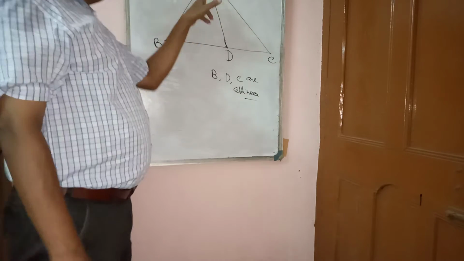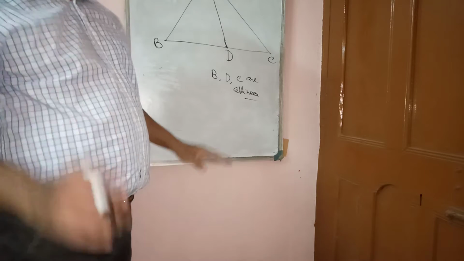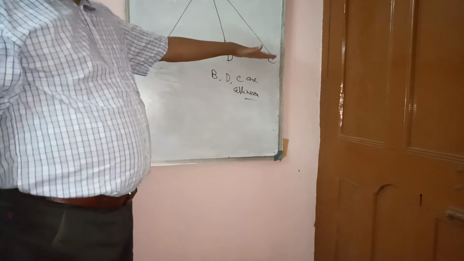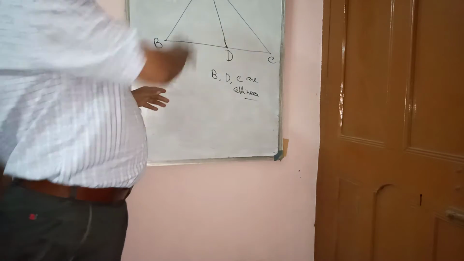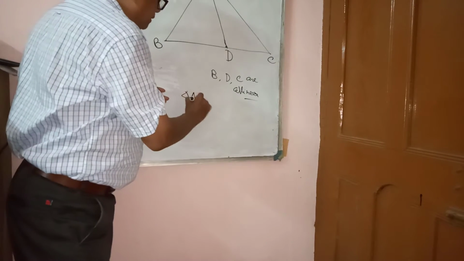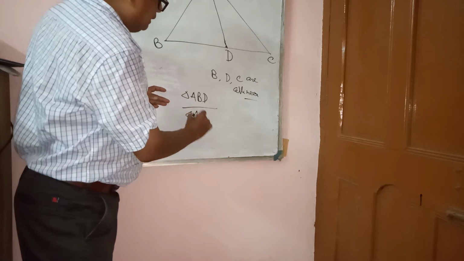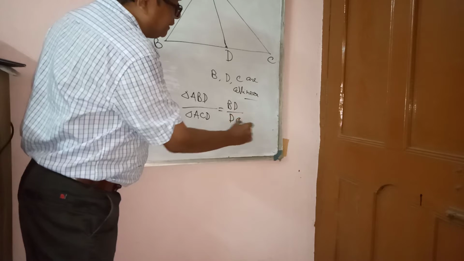We are considering triangles ABD and ACD having common vertex A, their bases BD and DC are in the same straight line. Then area of the triangle ABD by area of the triangle ACD is always equal to BD by DC, their ratio.